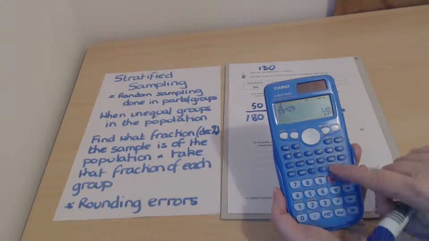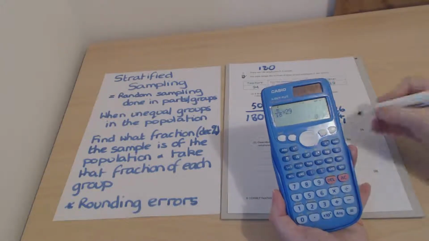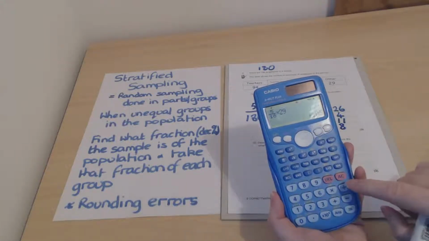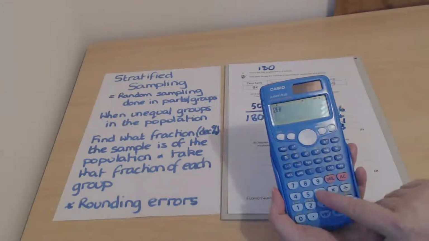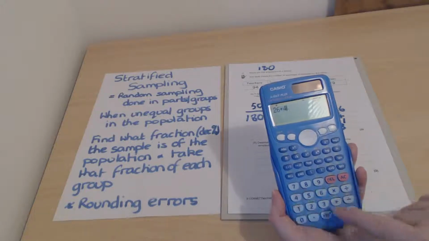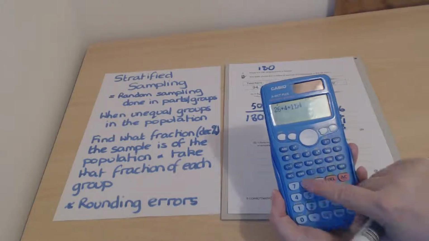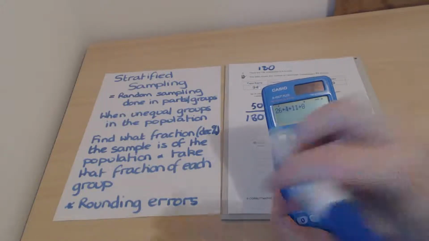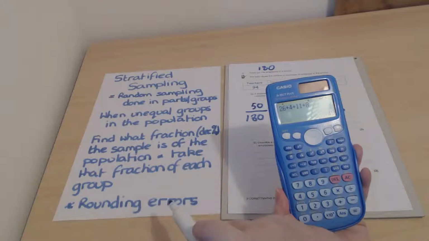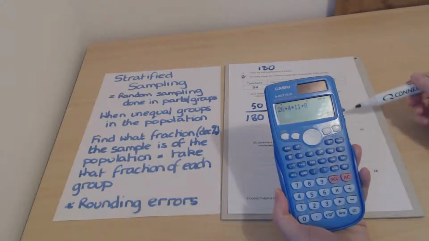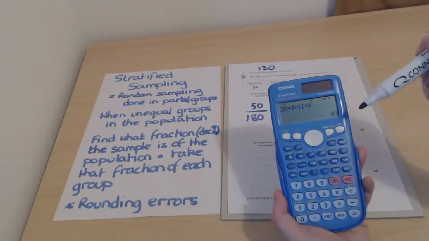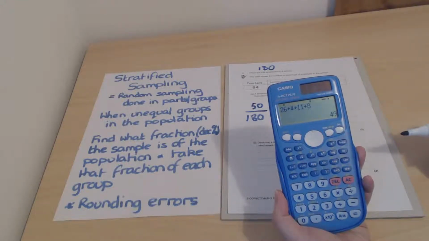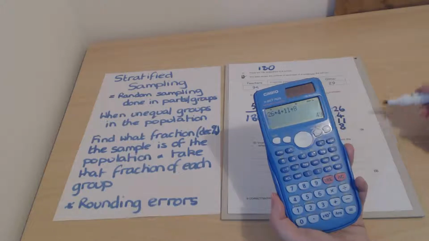That gives us 8.05. Now what we must now do is check that we've actually got 50. So we've got 26 plus 4 plus 11 plus 8, and that equals 49. So this is what I mean by a rounding error. We rounded down a lot of times, and that's why we're 1 under. So how do we fix that? We've got to add 1 to one of these categories.